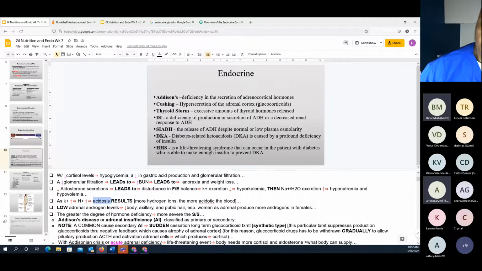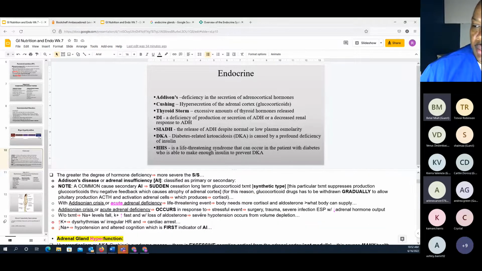So the greater the degree of hormone deficiency, the more pronounced the symptoms are going to be, if you will. All right. And again, for the most part, we're still talking about this deficiency in the ACTH hormone.